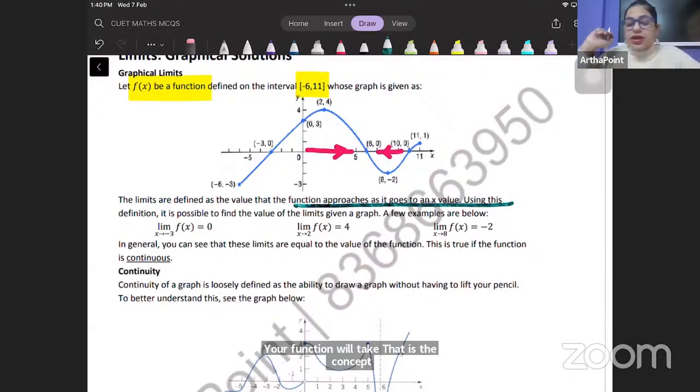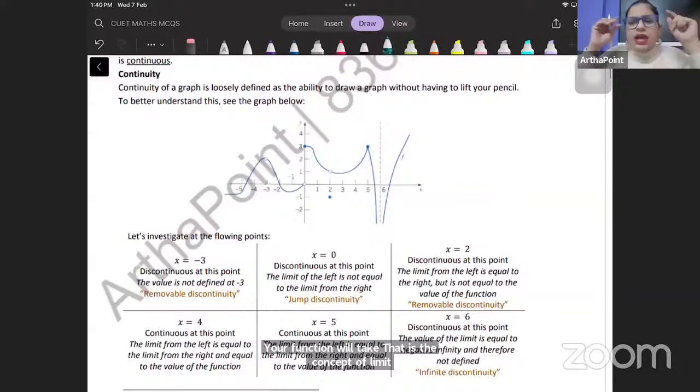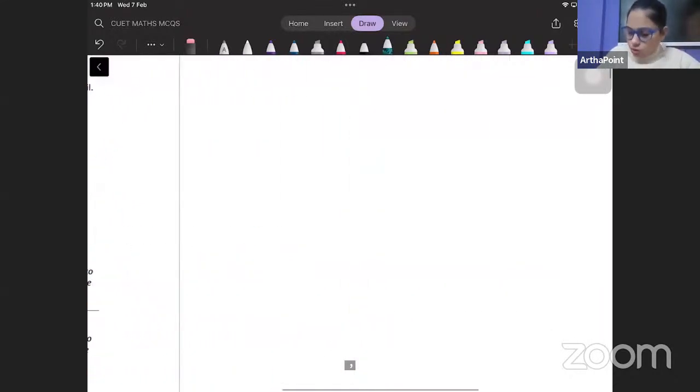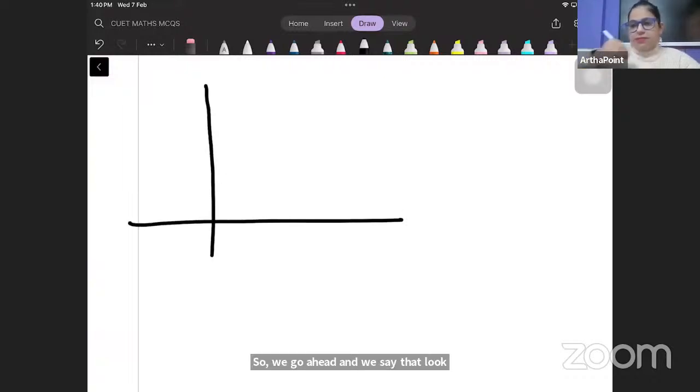ठीक है? Continuity क्या है? In the most simple terms, when we start teaching a layman what continuity is, we say that look, I am starting by making a diagram. मैं एक diagram बनाना शुरू कर रही हूँ.